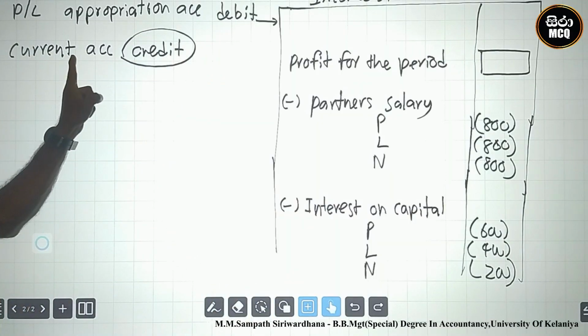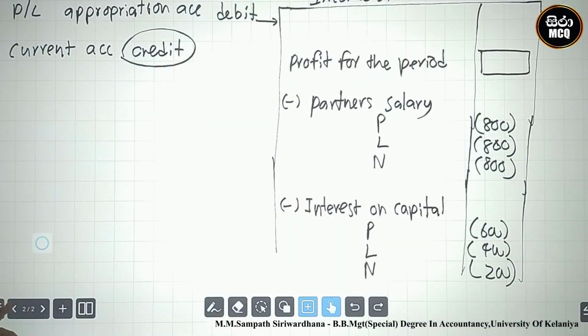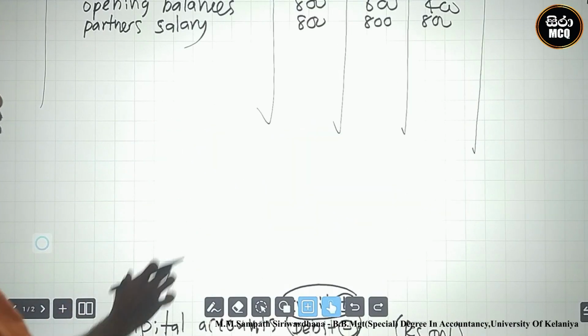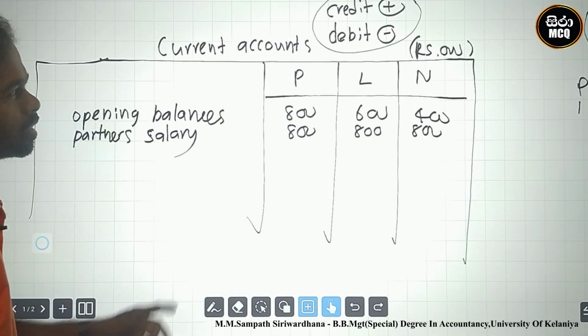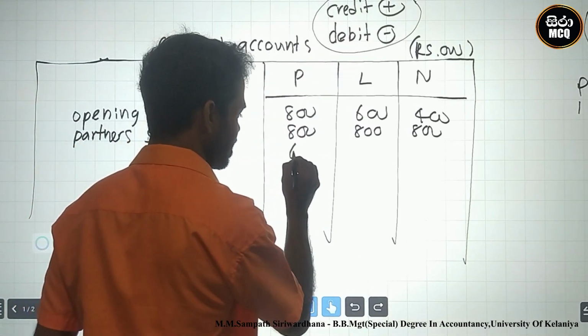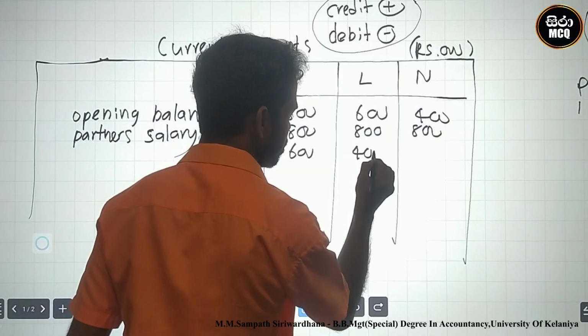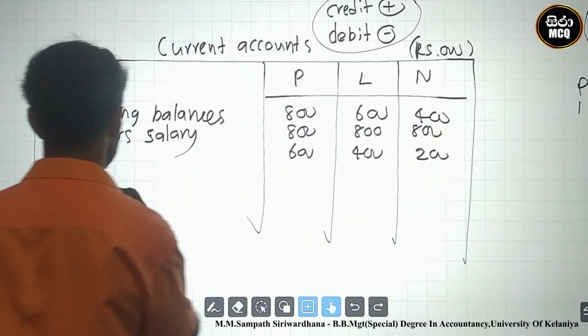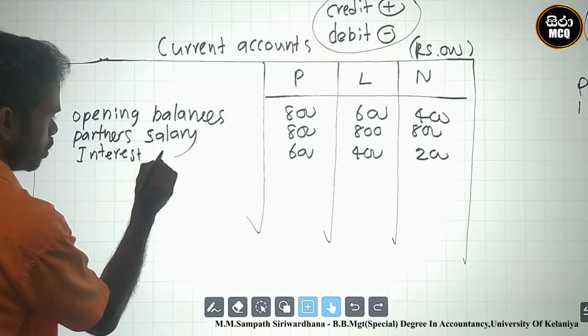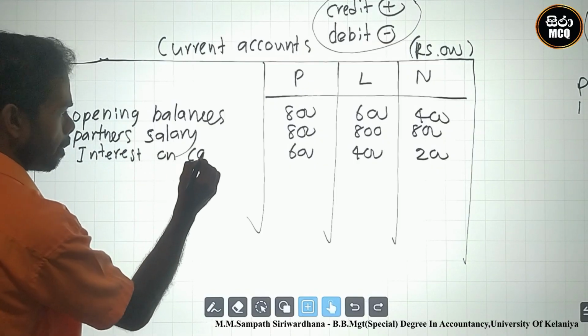After that, current account credit, 600, 400 and 200. Current account credit means we use the current accounts. Credit means we must add this one. Interest on capital.